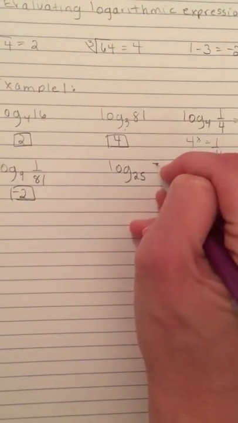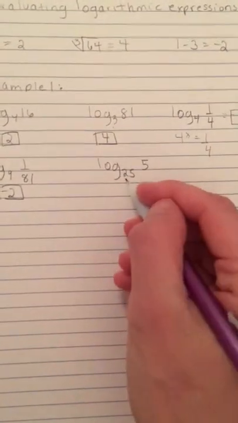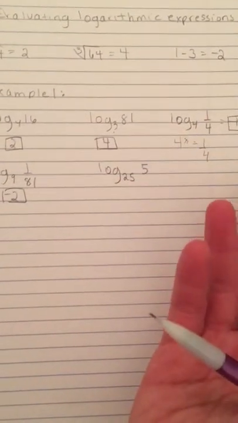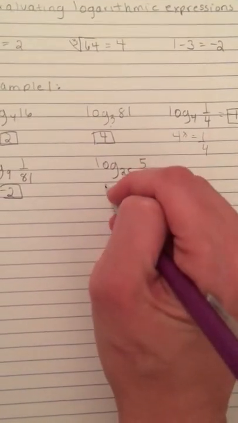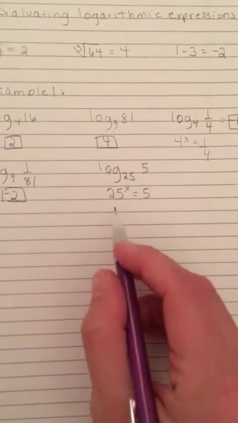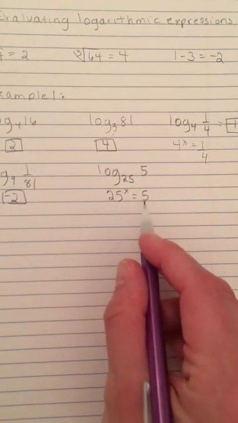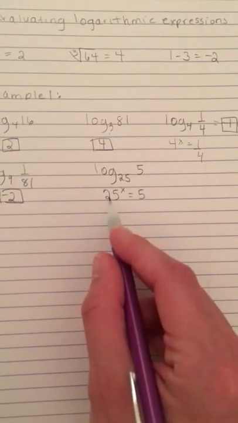Log base 25 of 5. So I'm saying to you, 25 to what power is equal to 5? That's kind of interesting. 25 to what power is equal to 5? And hopefully you see a relationship between these, right? I know that 5 squared is the number 25.